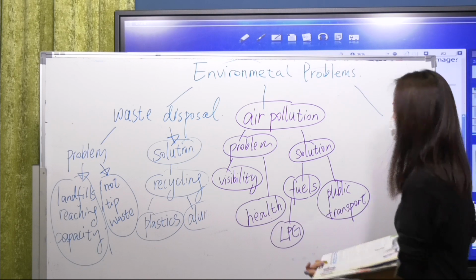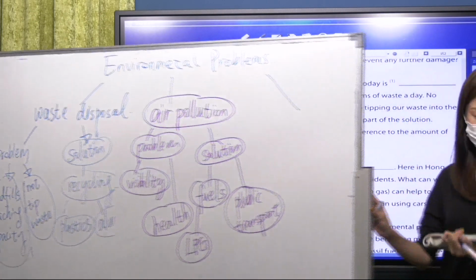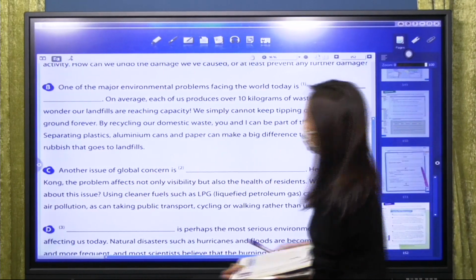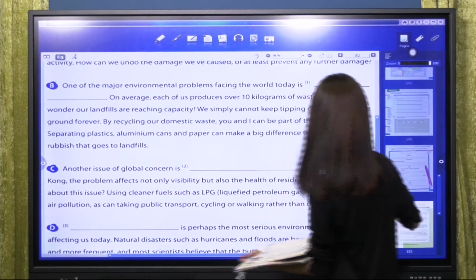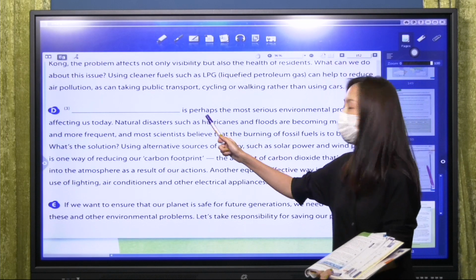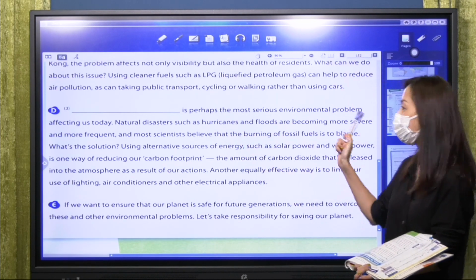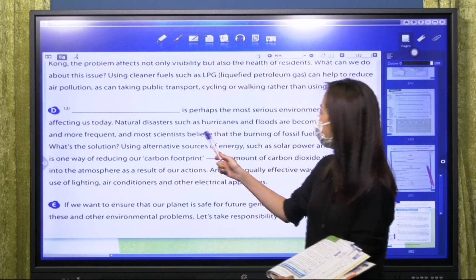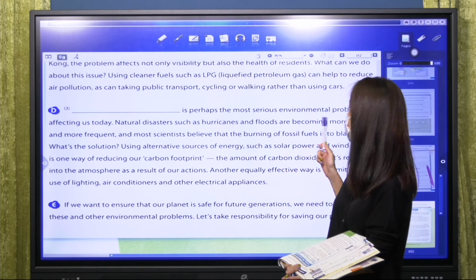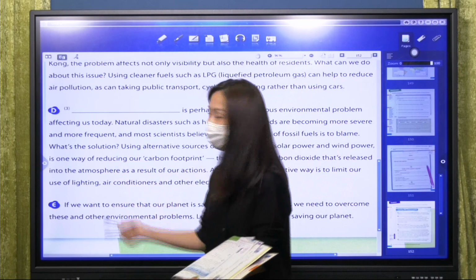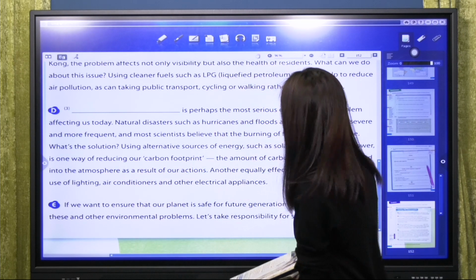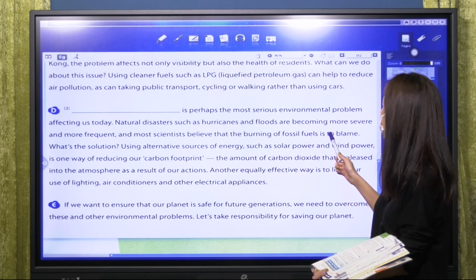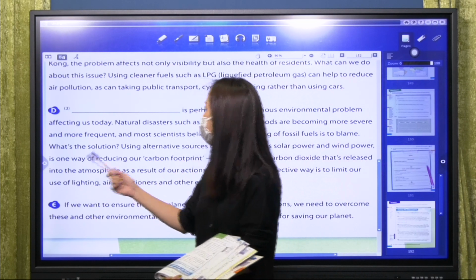Okay, let's look at the last one, okay, the last one. It's perhaps the most serious environmental problem affecting us today. Natural disasters such as hurricanes and floods are becoming more severe and more frequent. And most scientists believe that burning the fossil fuels is to blame. What is the solution?